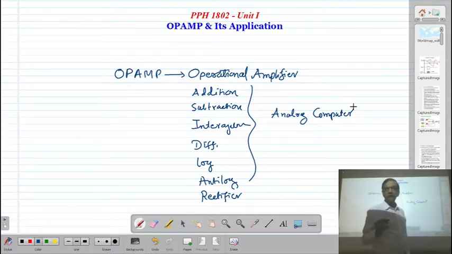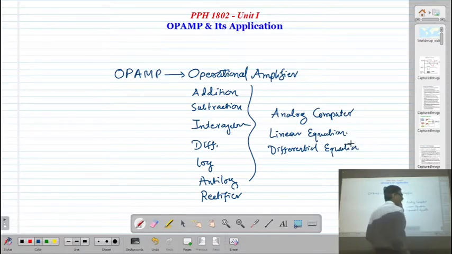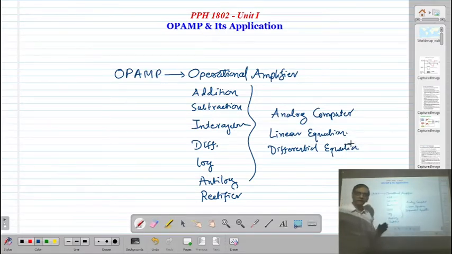So in the analog computer, if you want to solve any kind of linear equation or a differential equation, to solve this kind of equation, this op-amp was used. So the analog computer was developed using the operational amplifier, and that's why it is known as such, because it performs all kinds of mathematical operations, that's why it is known as the operational amplifier.